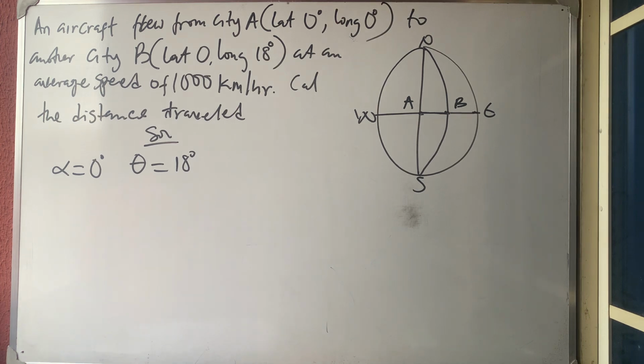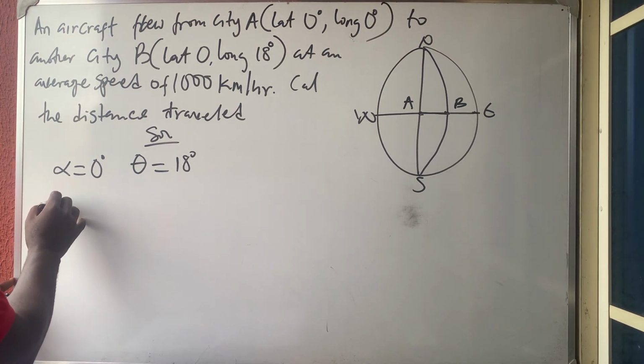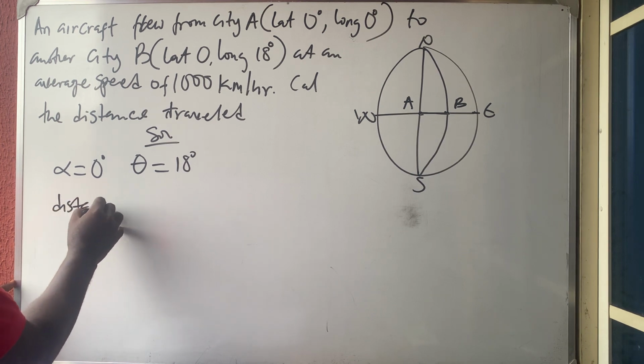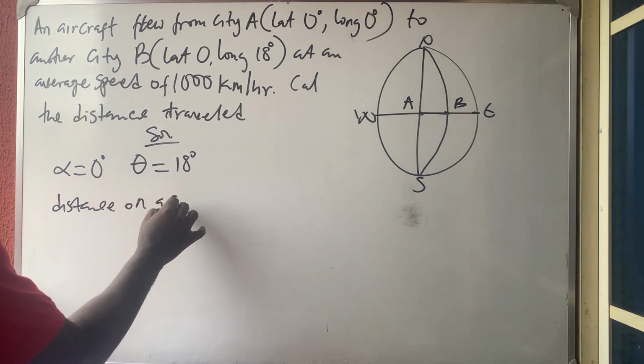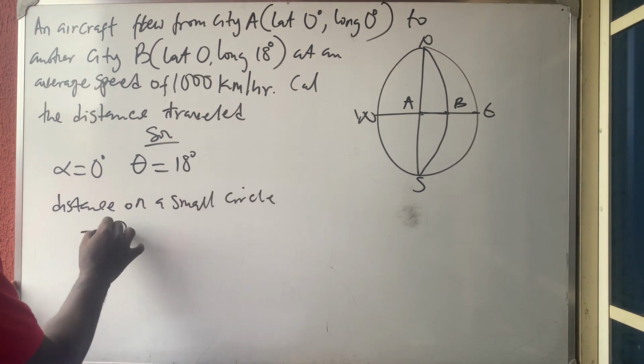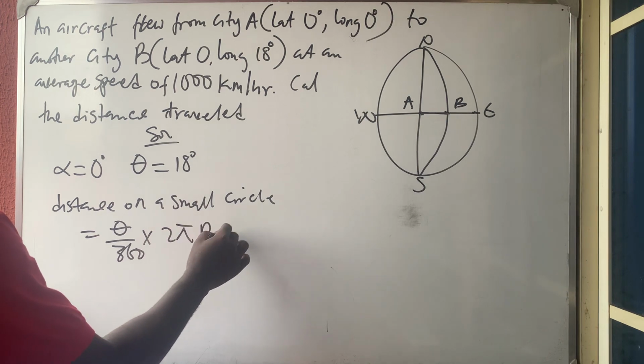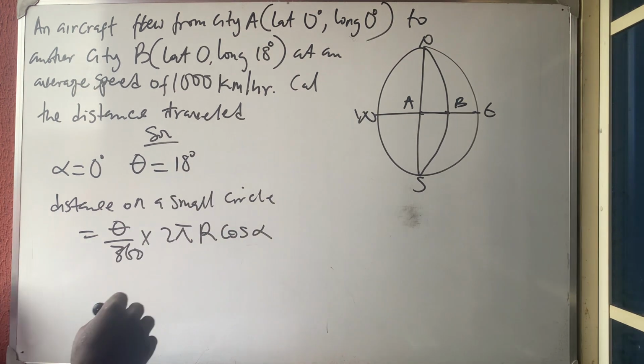Let's calculate. In our calculation, distance on a small circle equals theta over 360 times 2 pi big R cos alpha.